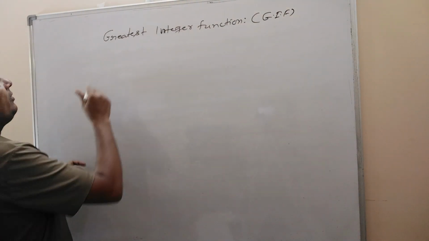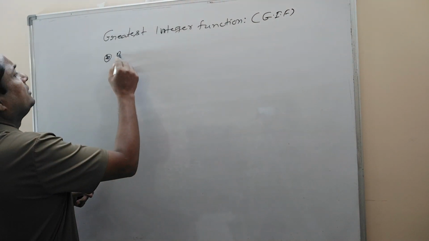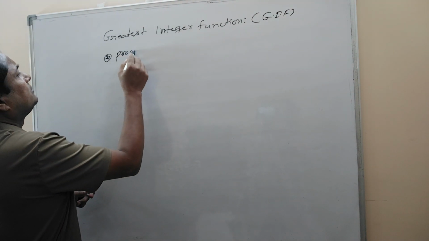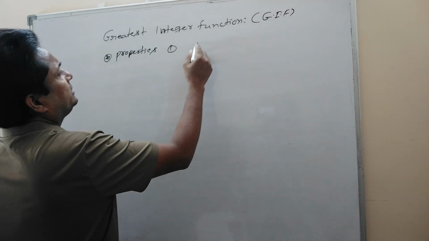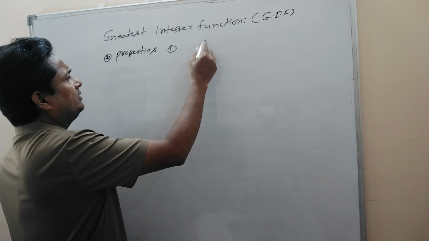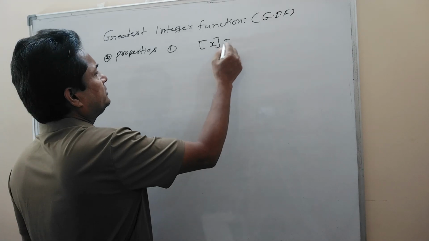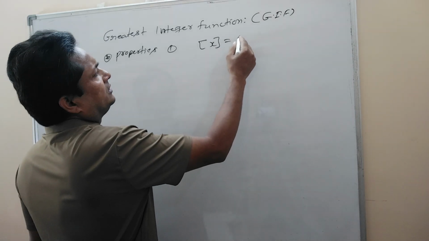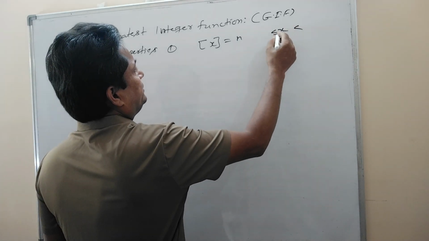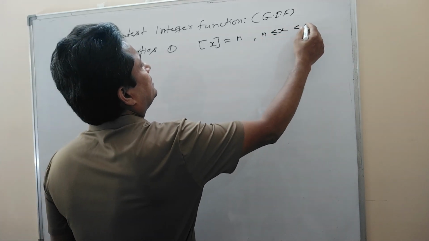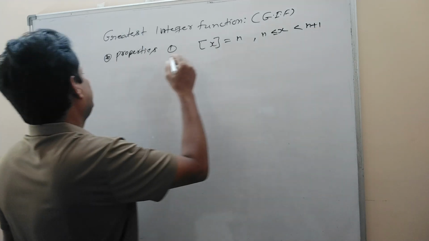Now, the first property is: the greatest integer of x is equal to n if x lies between n to n plus 1.